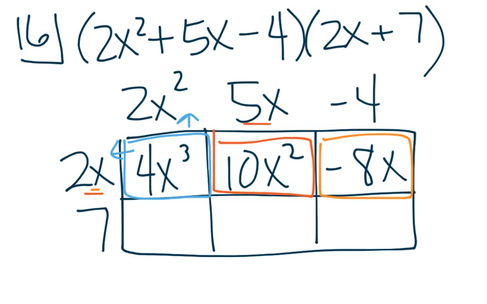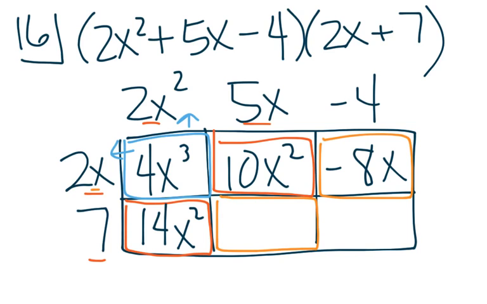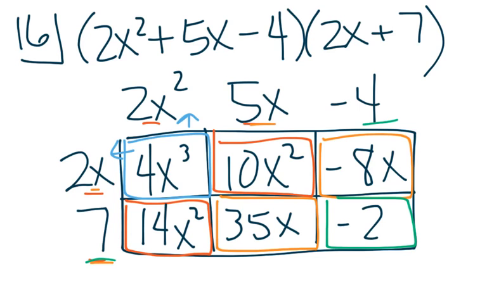Okay, in our first box on the bottom, we are going to multiply this 2x squared and this 7, so 2 times 7 is 14, and then we have x squared. In this middle box, we are multiplying 5x times 7, so 5 times 7 is 35, so we have 35x. And then in this last box, we have -4 times 7, so -4 times 7 is -28.